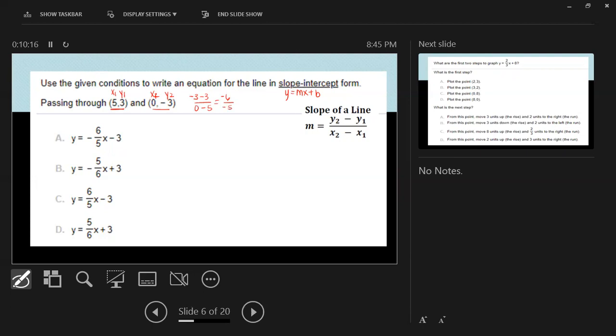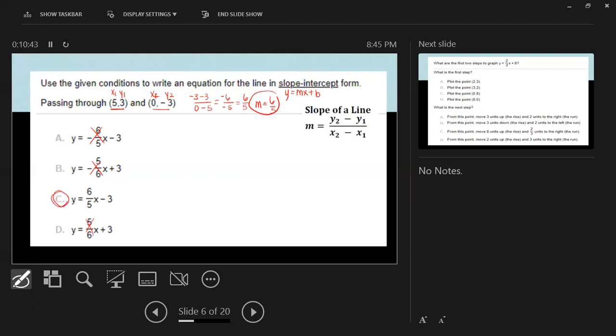Because both the 6 and the 5 are negative, that becomes +6 over 5. So my slope m is equal to 6 over 5. Now, just from the slope alone, if I look at my items here, I see that A is wrong, B is wrong, and D is wrong because that's 5 over 6.